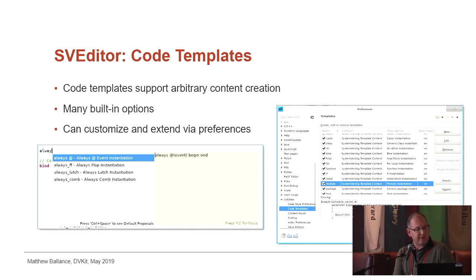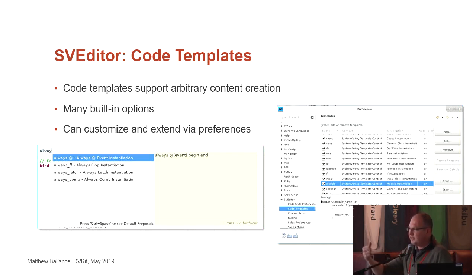Basically, as you're typing, you hit the content assist key, which is Control-Space in Eclipse, and it will prompt you for code templates that match the pattern that you have started typing. So if you start typing always, it might prompt you with a set of the always type blocks that are available in the library.